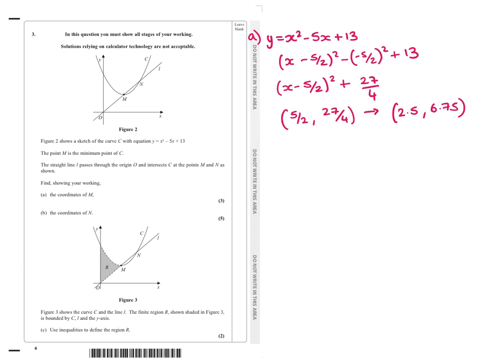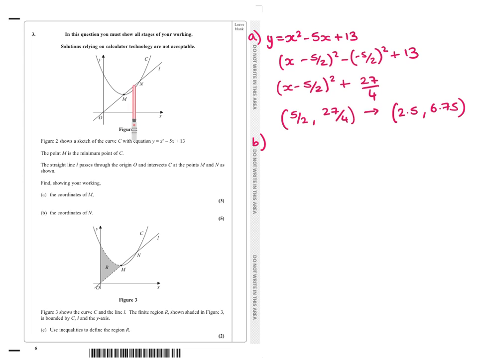Part B, find the coordinates of N. Okay, well, first of all, what do we know? We know that M and N are on the straight line. They're on the same straight line. If we know the coordinates of M, and we know that MN passes through the origin, we've got 2 sets of coordinates, do we not?